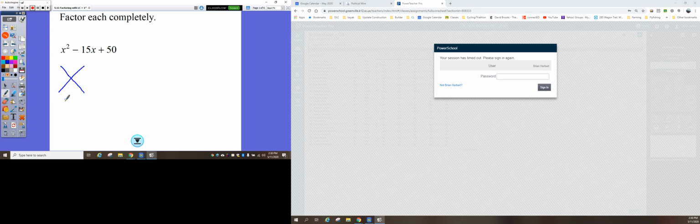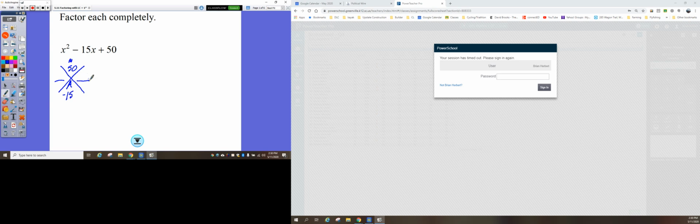All right, so I'm going to draw an X. And I'm going to look for two numbers that when I multiply those two numbers, they're going to multiply to this last term, which is 50. And when I add these two numbers, they're going to give me this middle term, which is negative 15.